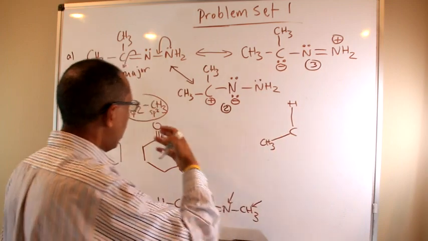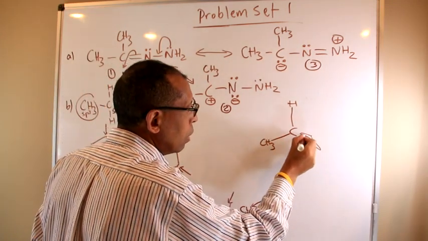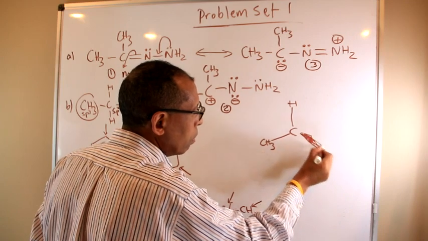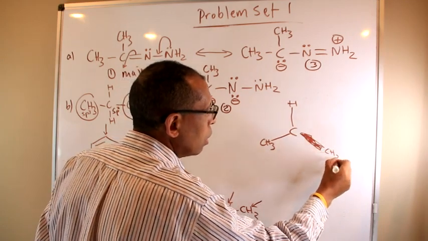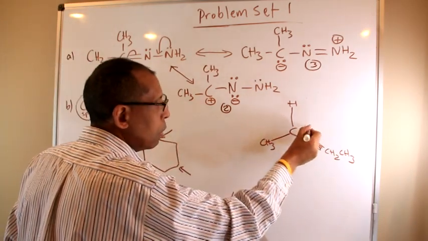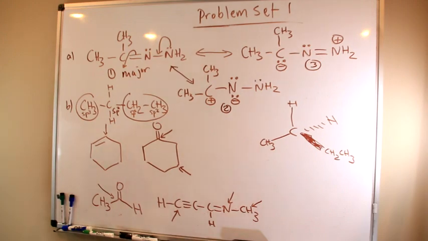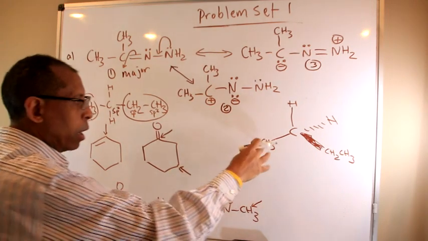So for out, for example, I can just write down this wedge form, CH2, CH3. But this hydrogen would now be to the plane of the board. So remember to review the section where I was discussing tetrahedral geometry.